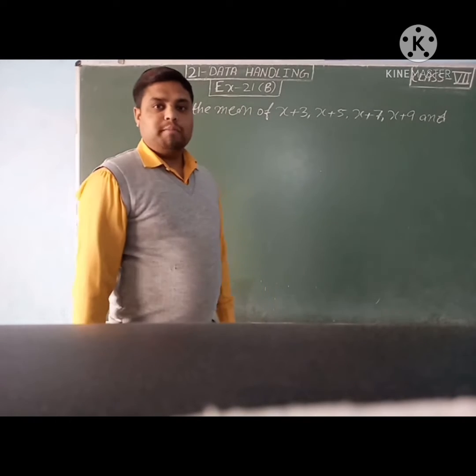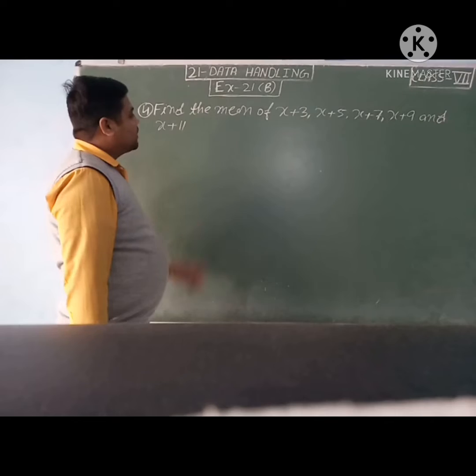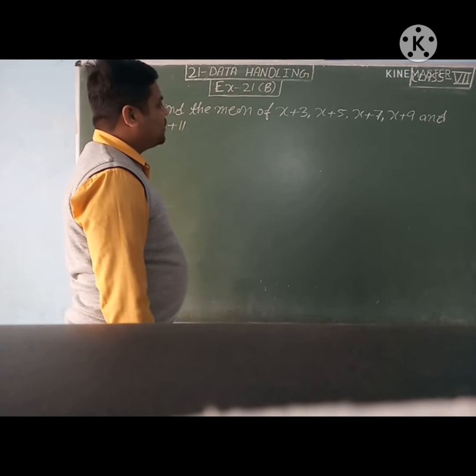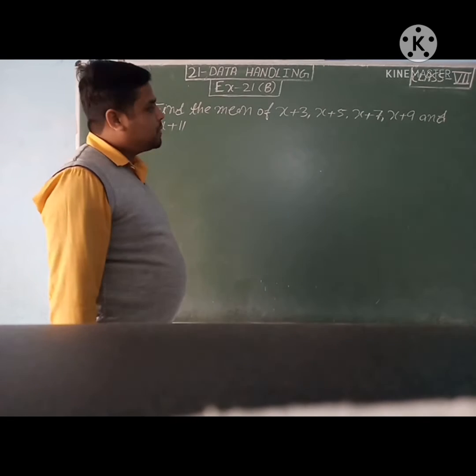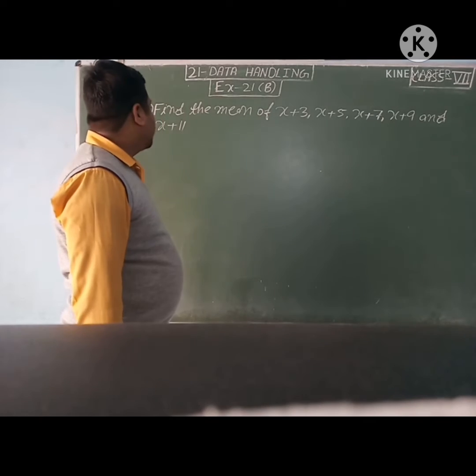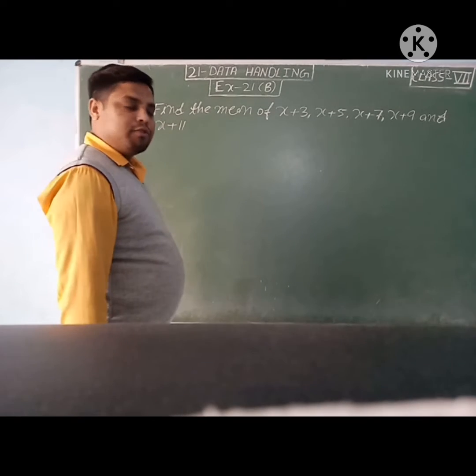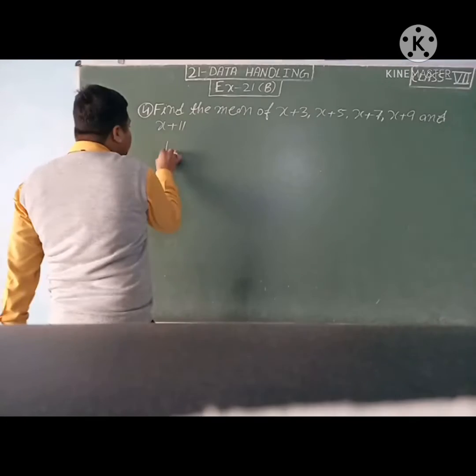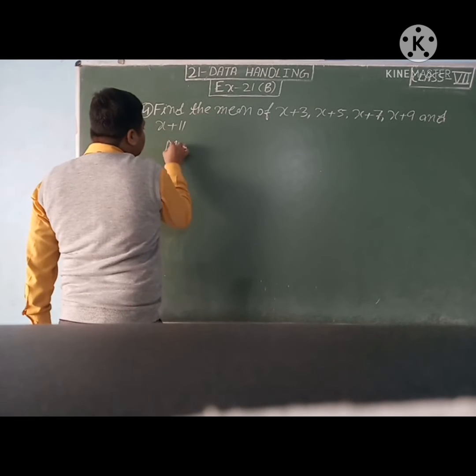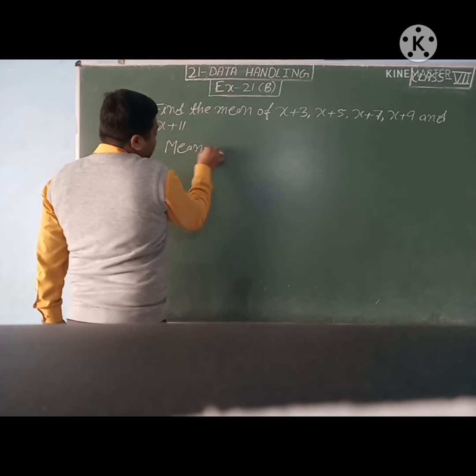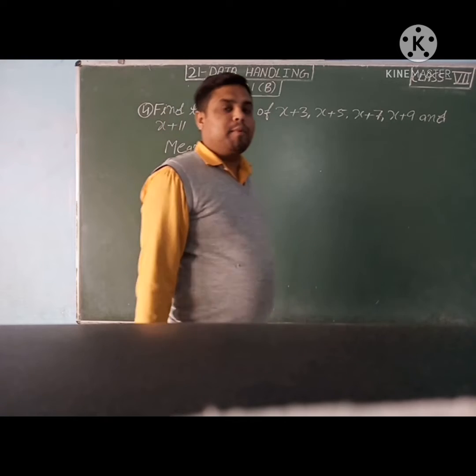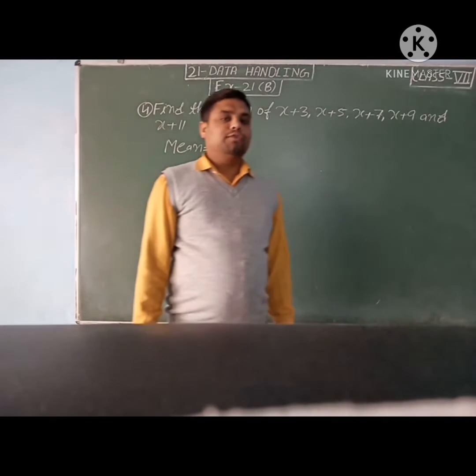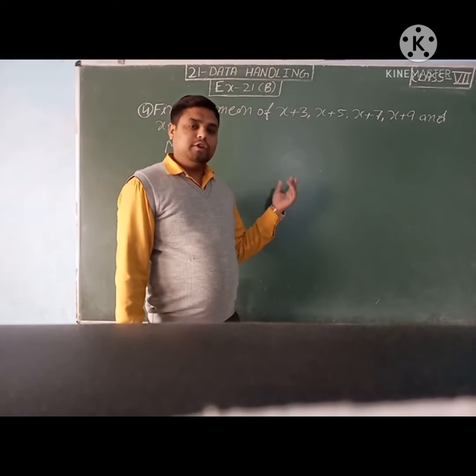Now students, question number 4. Find the mean of x plus 3, x plus 5, x plus 7, x plus 9 and x plus 11. So the same formula of mean we will use. Mean is equal to the sum of all observations upon the number of observations. So students, the formula you will write yourself.